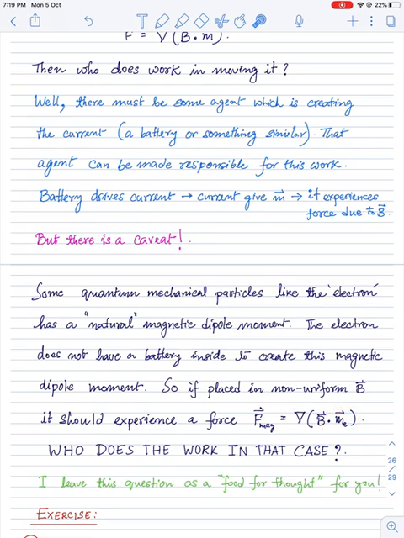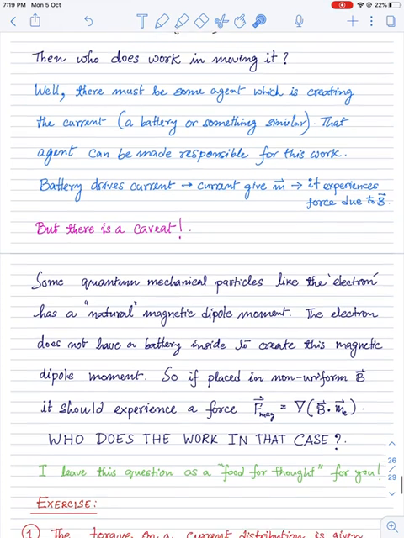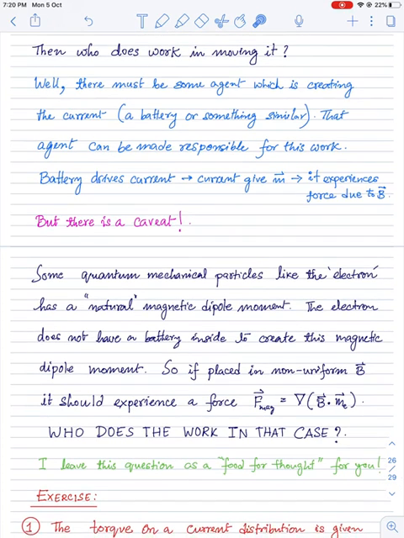But one can think of this classically as well, because once the magnetic moment is generated, the electrodynamics part is classical, and you can experience a classical electrodynamical force. So there is an electron with a magnetic moment which is not generated by a battery, and if you put it in a non-uniform magnetic field, it is going to experience a force given by this formula. And then the question would be, who is doing work in that case? That is something to think about.